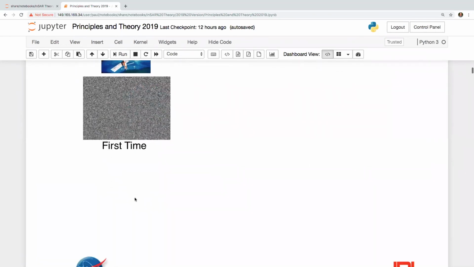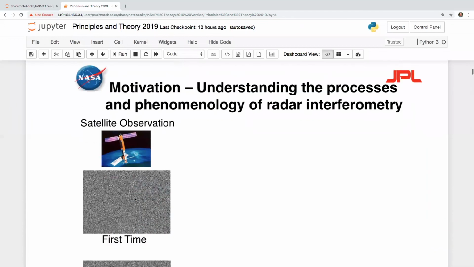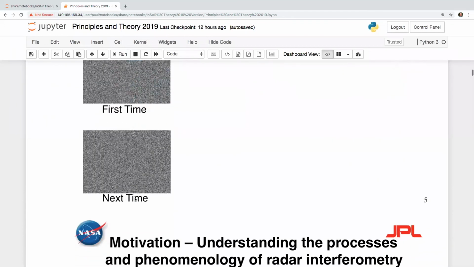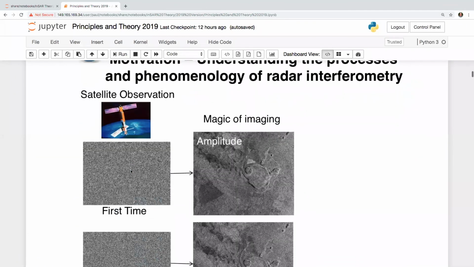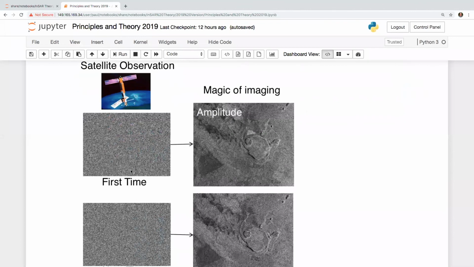And you can't believe that there's actually something in there. You come around a second time, and you get pretty much the same thing, and you still can't believe that there's something in there. But through the magic of SAR processing, focusing the data, you can take that random data, reassemble the points in a new way, and create an image that actually looks something like the Earth.